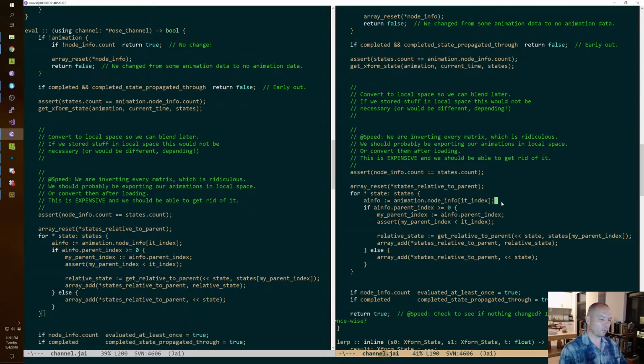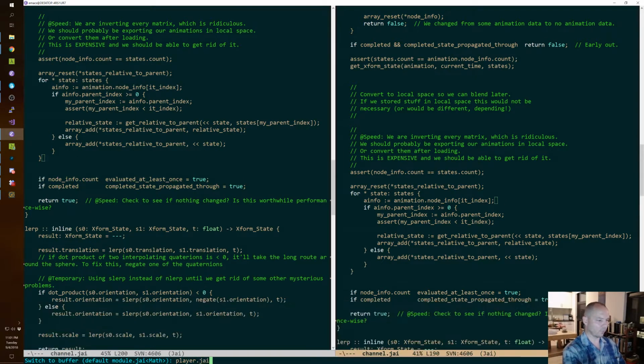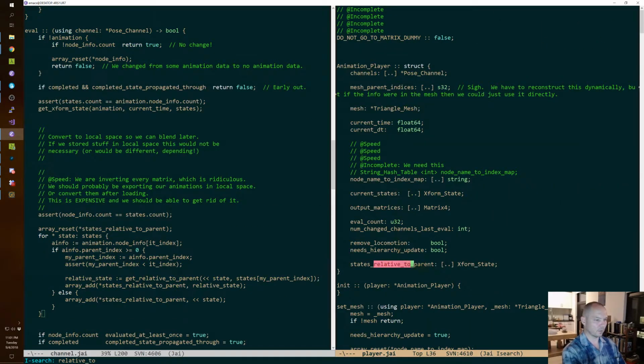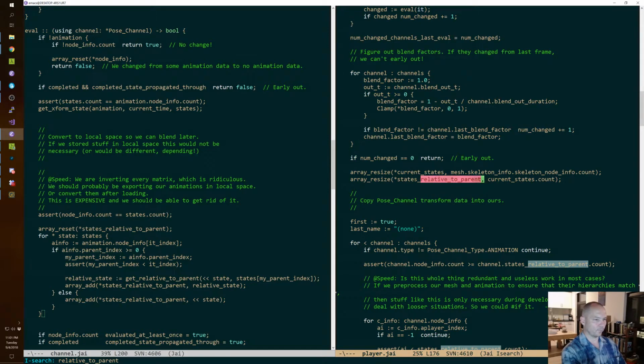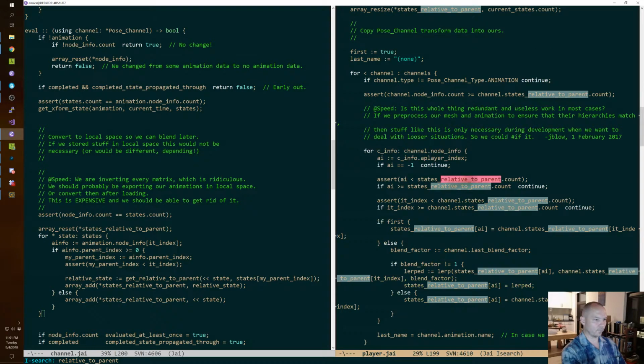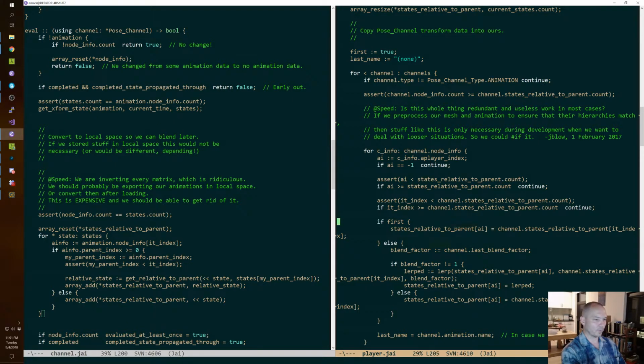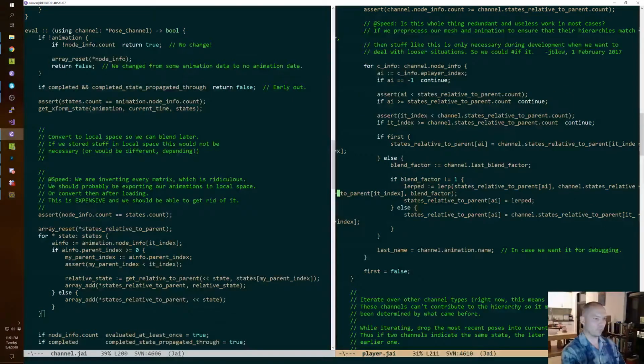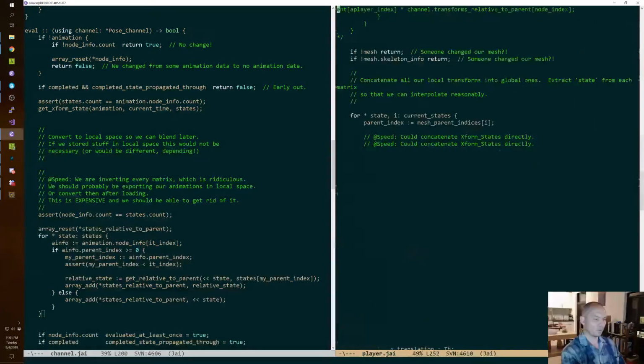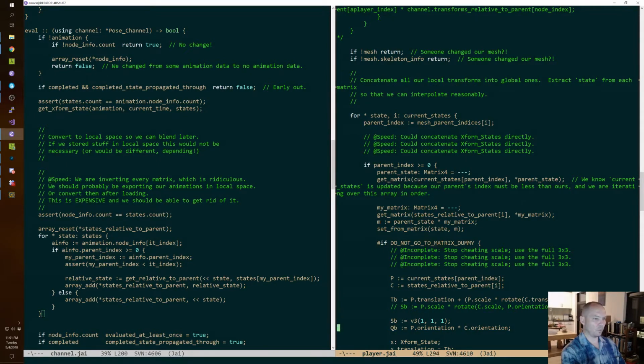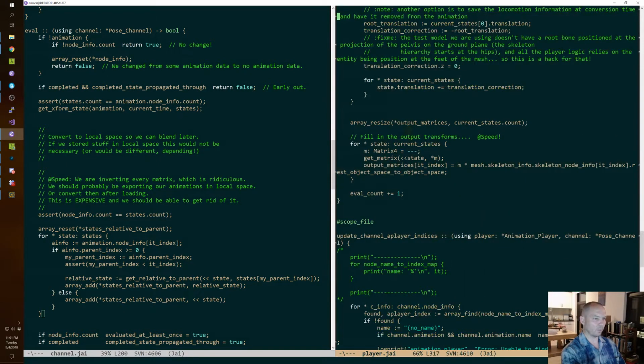Well, so once we're putting animations together, we definitely blend in local space as well. And then we concatenate them for the output.